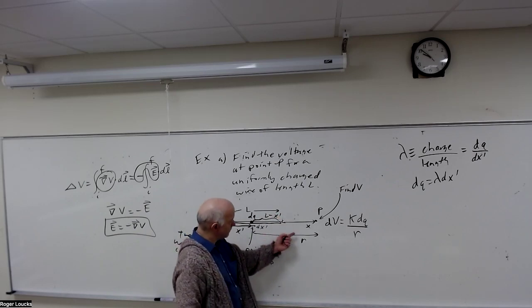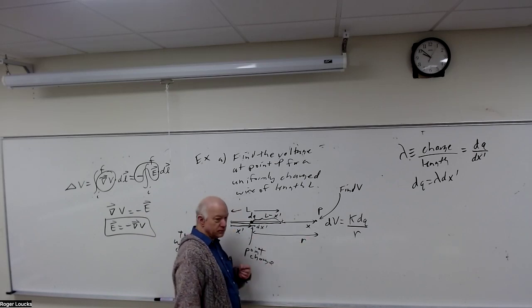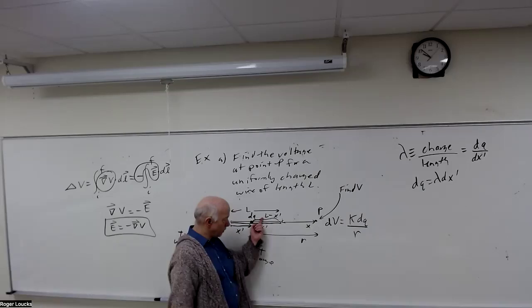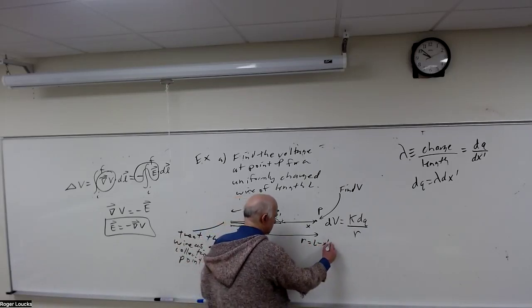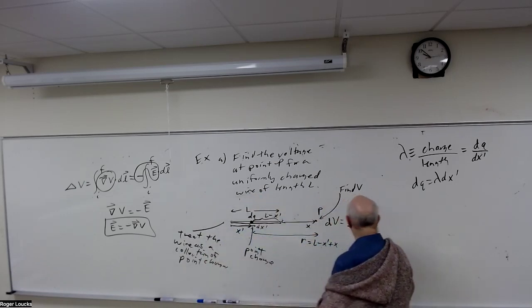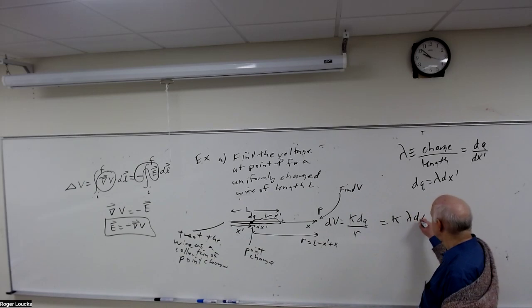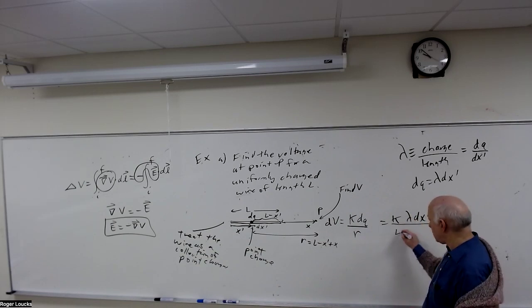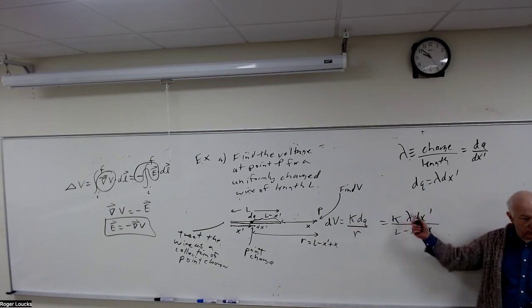Well, if this is X, then R is L minus X prime plus X. So what we have here is K lambda dX prime all over L minus X prime plus X. So this is now all in terms of X prime.